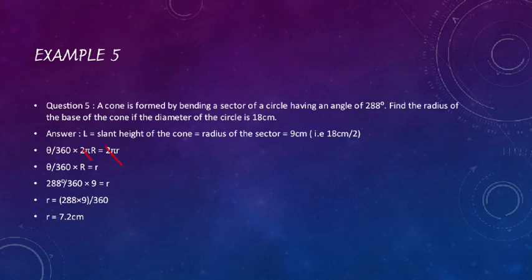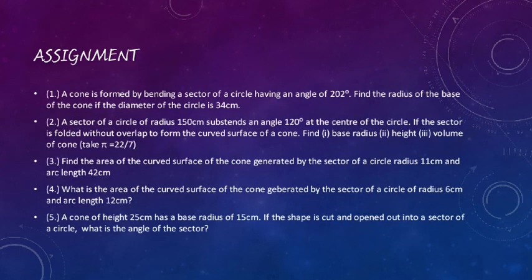You understand? Then we have theta over 360 times R equals r. Then substitute for the values given to you. We have our angle to be 288 over 360 times our radius of the sector, which is given as 9, which is equal to r. Then open all those brackets and you have your r to be 7.2 centimeter.